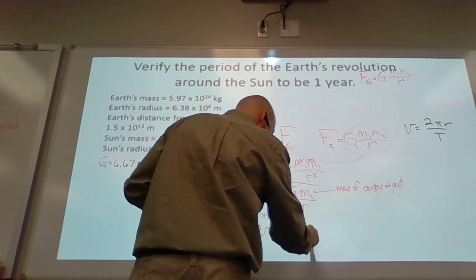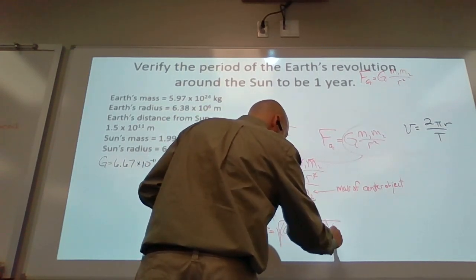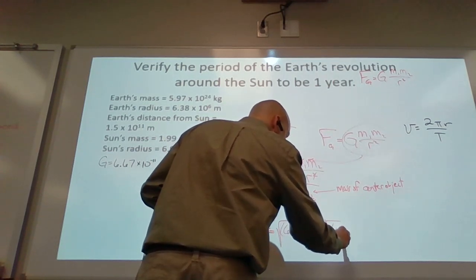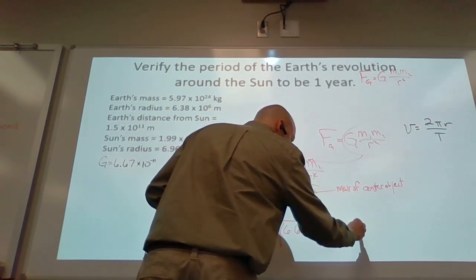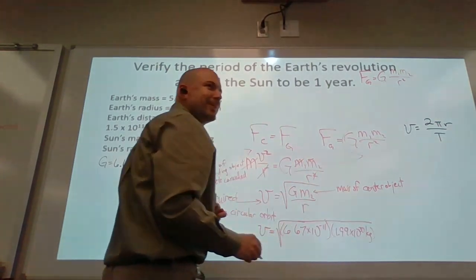Okay, 6.67 times 10 to the negative 11th times the mass of the sun. Check out how chunky this guy is. 30 zeros. That is impressive.